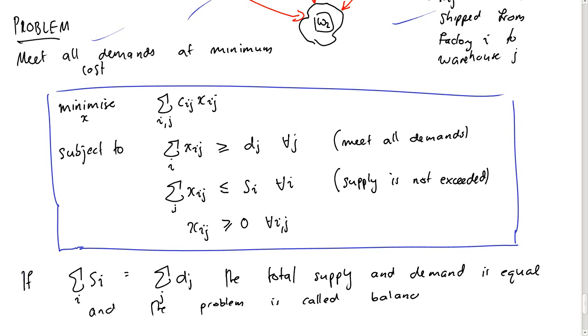So if supply and demand are equal, then we call it a balanced problem. That kind of rounds out our set of examples of linear programs.